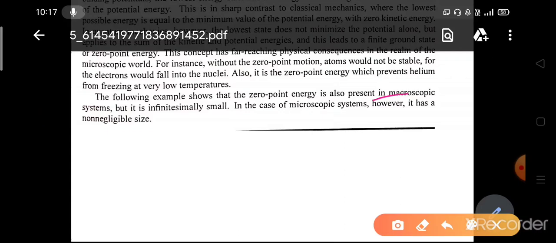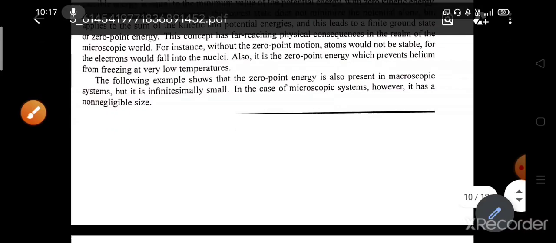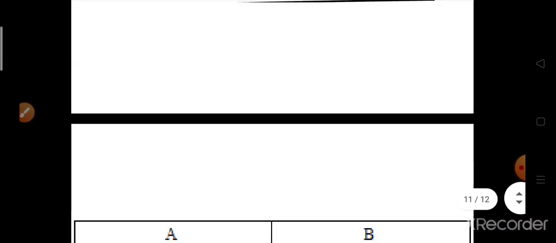In the macroscopic world we cannot observe it, but in a microscopic system it is non-negligible, because we cannot neglect the size of this uncertainty. So that's why we cannot observe this zero point energy in the macroscopic system.